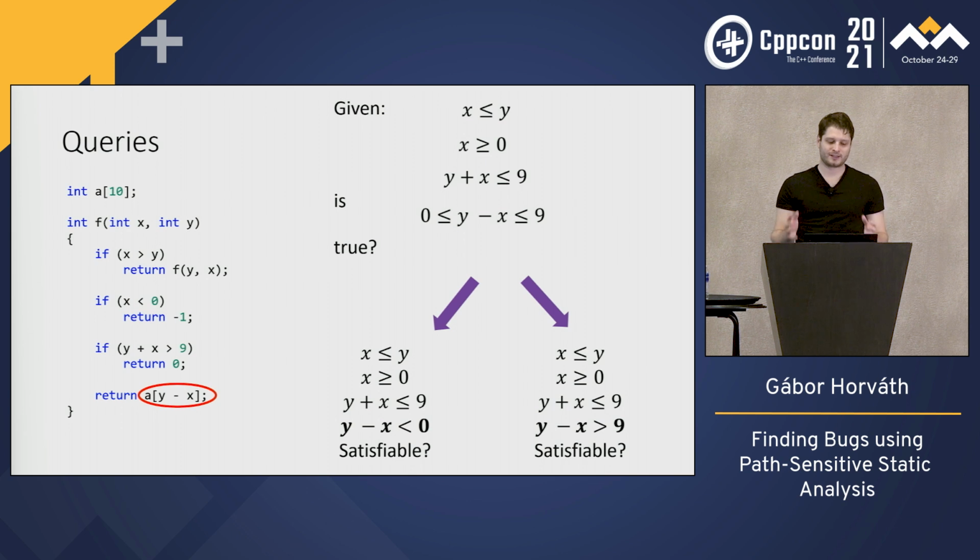If this system of inequalities is unsatisfiable, that means that we cannot overflow. So if both of them are unsatisfiable, we proved this piece of code correct in the sense that there are no overflows or underflows.